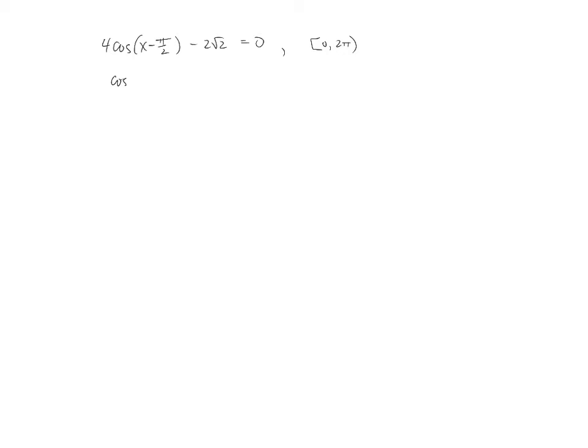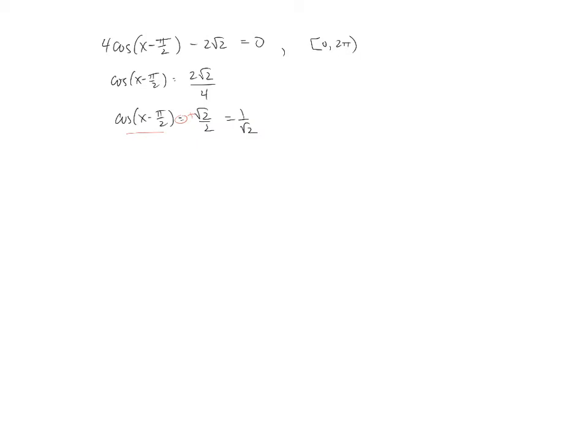So in isolating the trig function, we'll go ahead and we'll move the 2 root 2 to the other side, divide by 4. So cosine of x minus pi over 2 would equal root 2 over 2, which in case you're used to seeing that as 1 over root 2, that is the same thing if you just rationalize. So let's see, cosine is positive.